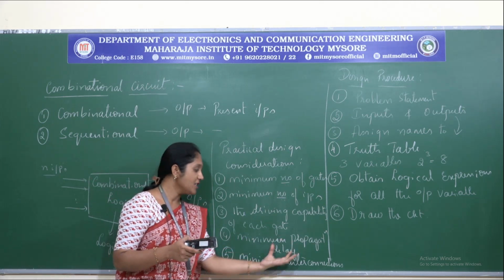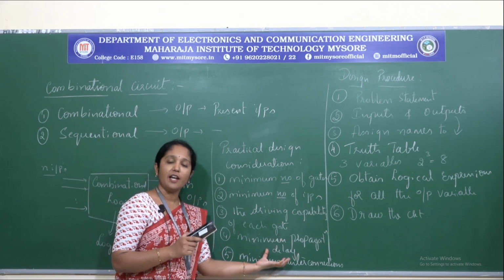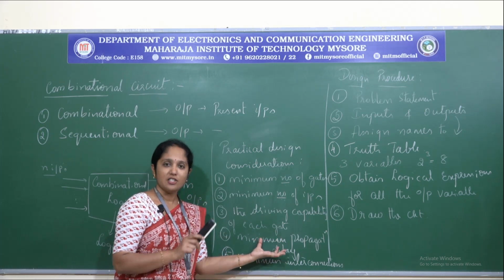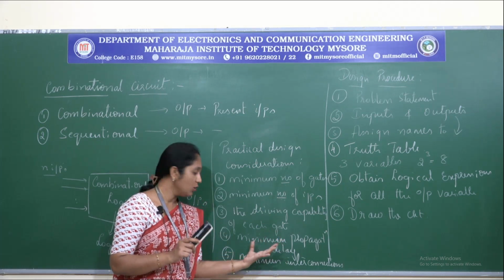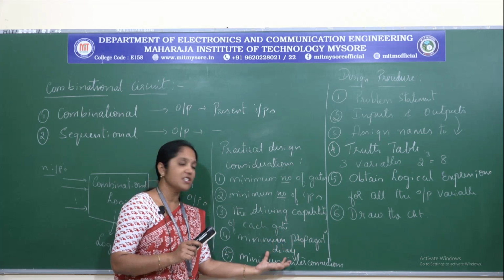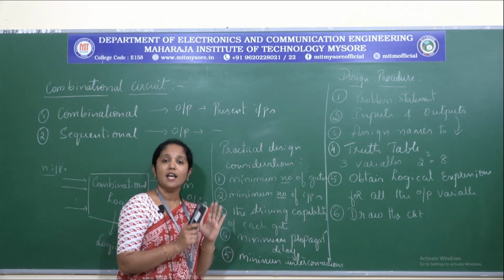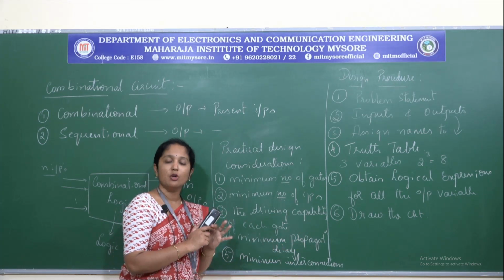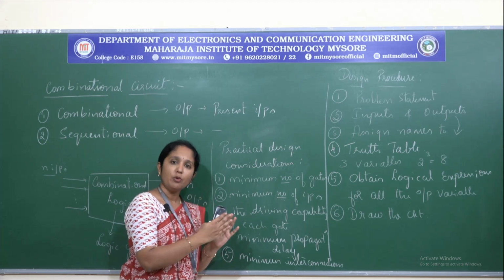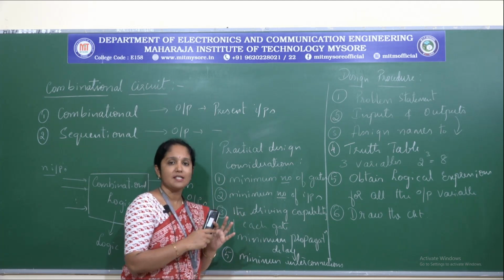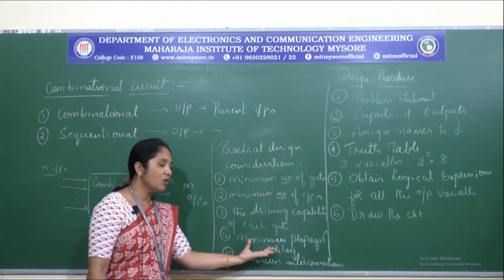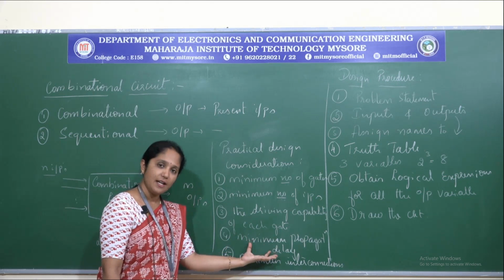Propagation delay is one of the major delays in a digital logic circuit. Propagation delay is the time taken by the signal to transit from input to output. So we should see that the delay is less.